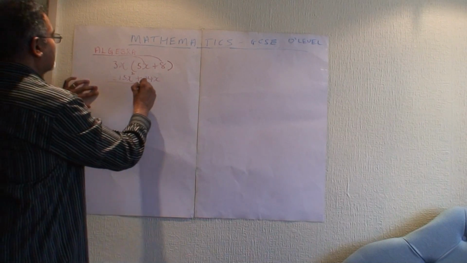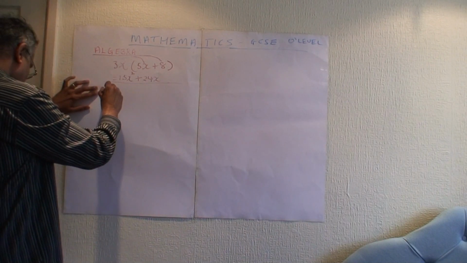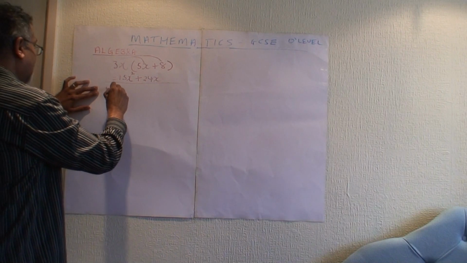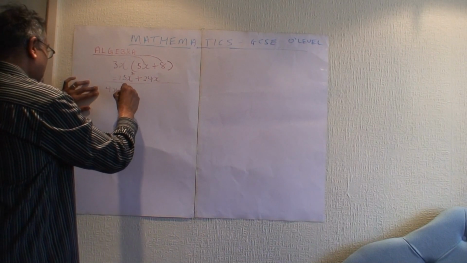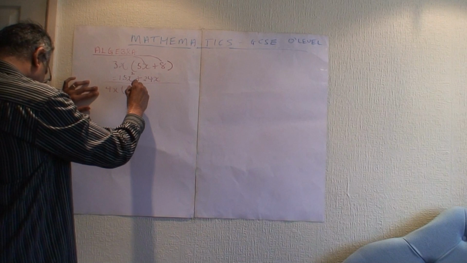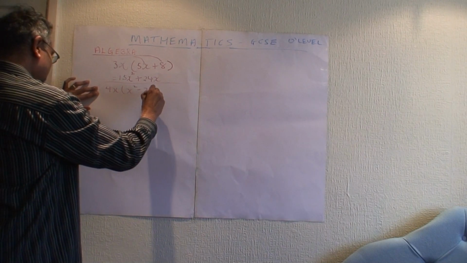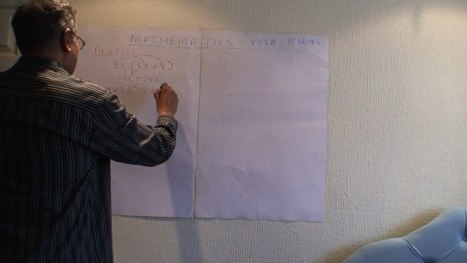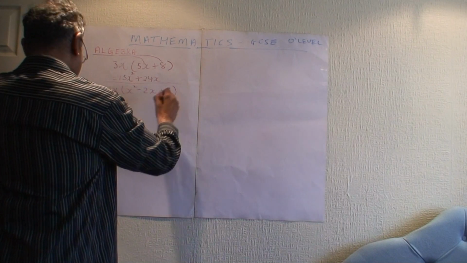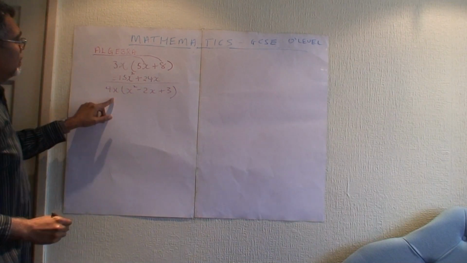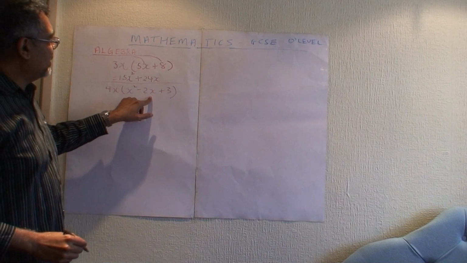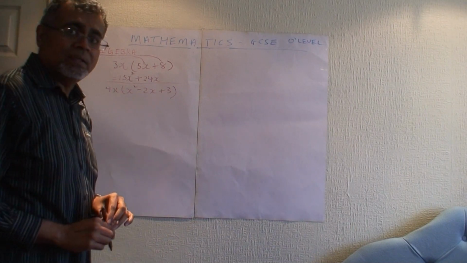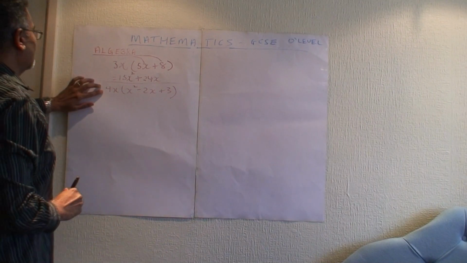Okay, if we have another expression, say 4x, the 4x will multiply by each of the terms in the bracket.